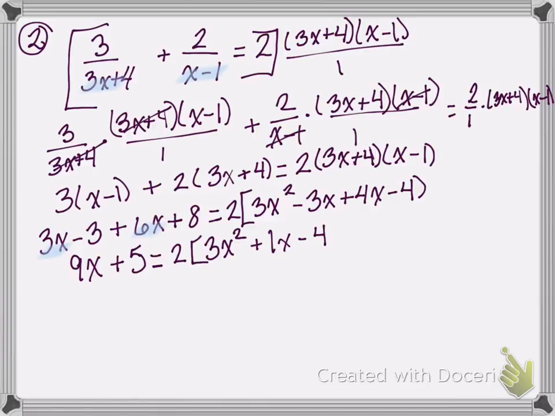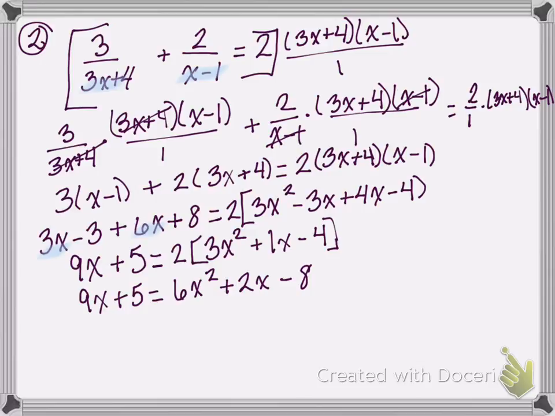So now I'm going to go ahead and distribute that too. So I have 9x plus 5 equals 6x squared plus 2x minus 8. So at this point we have a quadratic because it's raised to the second power.